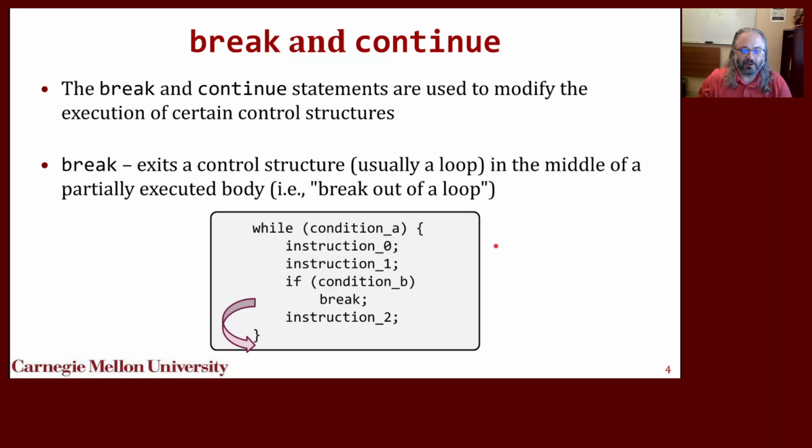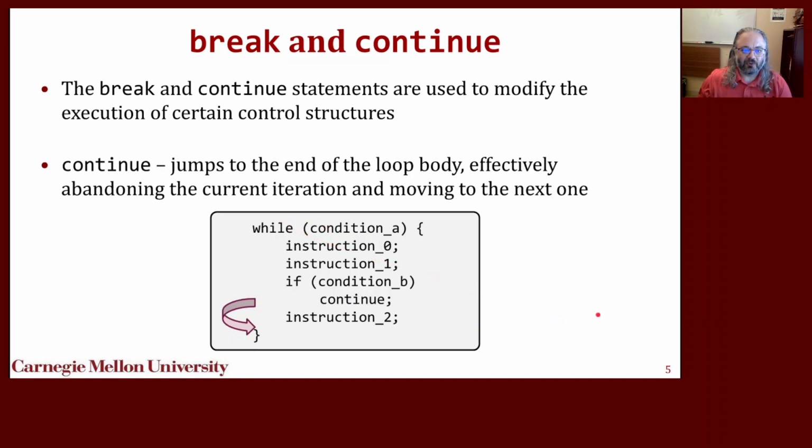And in this example shown here with the while loop, I have a break inside of a condition. And if this condition B is ever true and this break is reached, the control is going to jump out of the while loop and start executing the linear next instruction after the while loop is done. So this is independent of the loop condition of the while loop, potentially. And it's a way of essentially abandoning the while loop entirely.